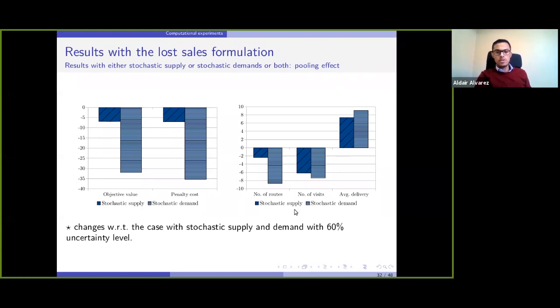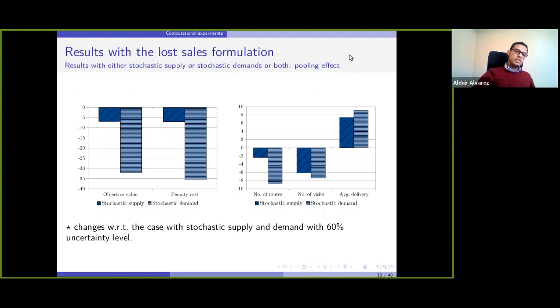So we see that when we consider only stochastic supply, so we neglect stochastic demand, the number of visits, the number of routes goes down, but always in a smaller proportion when compared to the other case. So our conclusion is that stochastic supply has a more significant impact when compared to the case with the stochastic demand.